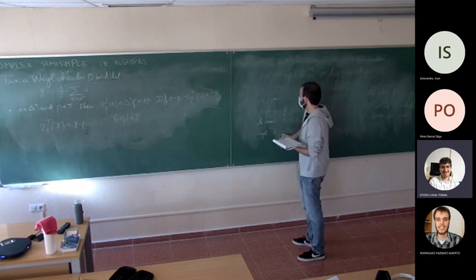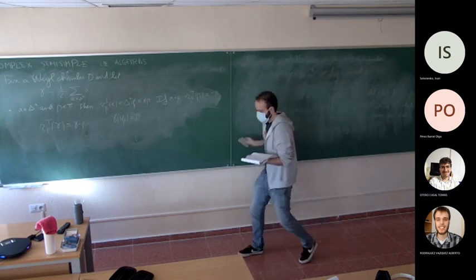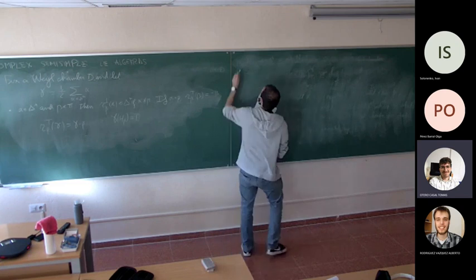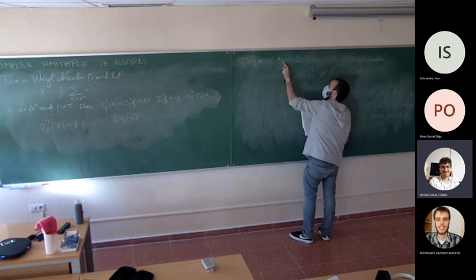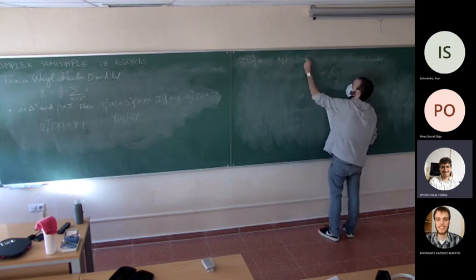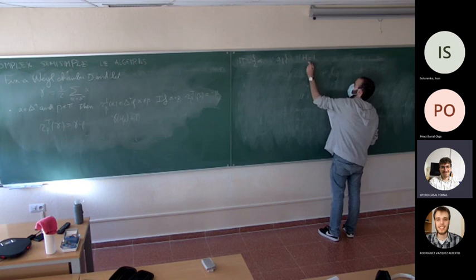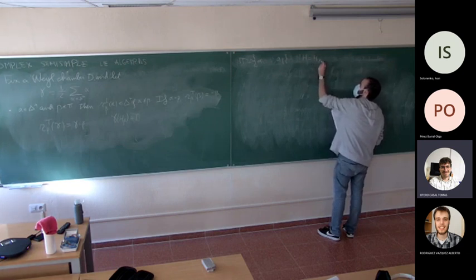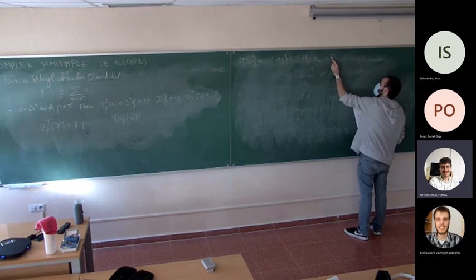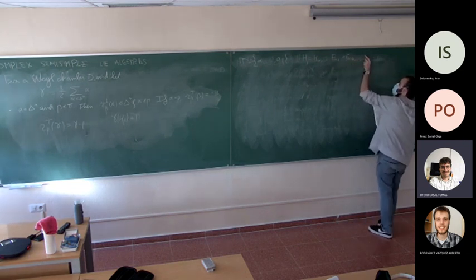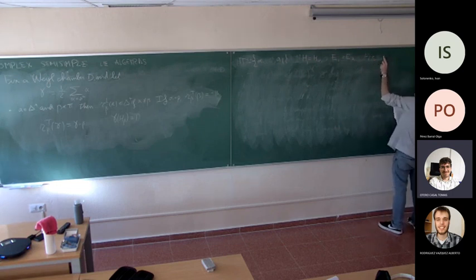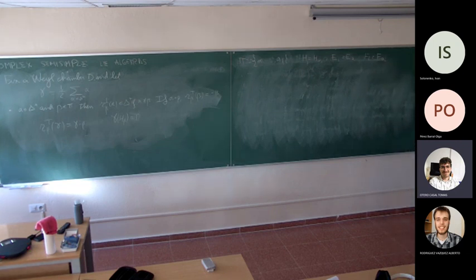Remember that we have these simple roots indexed: the set of simple roots was alpha 1 up to alpha L. We define Hi to be H alpha i, Ei to be E alpha i, and Fi to be F alpha i. Remember that we constructed these vectors in order to make SL2 systems in G.